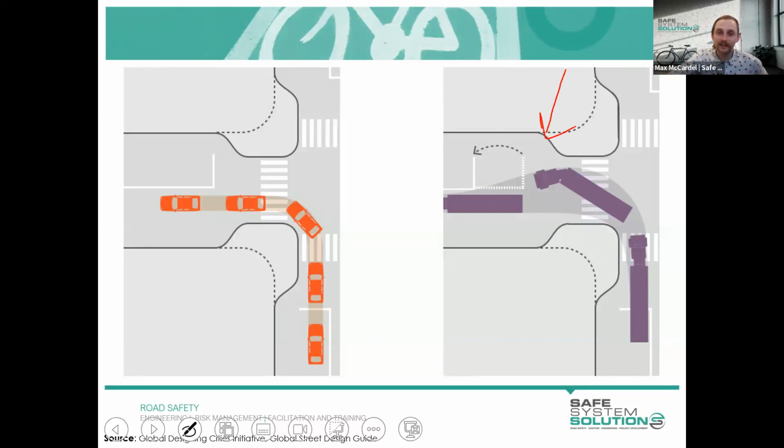So you can see in this second example, the passenger vehicle can turn left there, no problem, but in the image on the right-hand side, the heavy vehicle requires additional space, and just a really simple design decision is to ensure that you've got your hold line set back there so that they're not encroaching into that space.